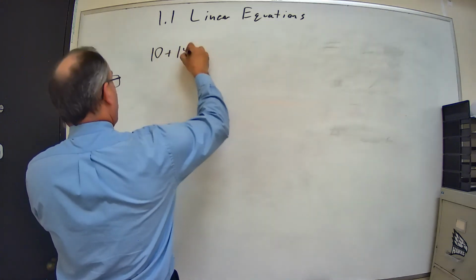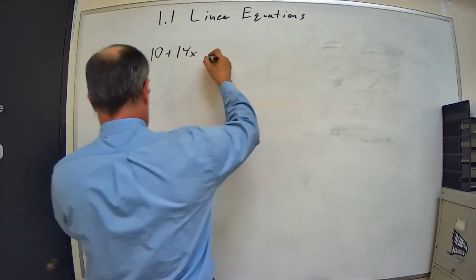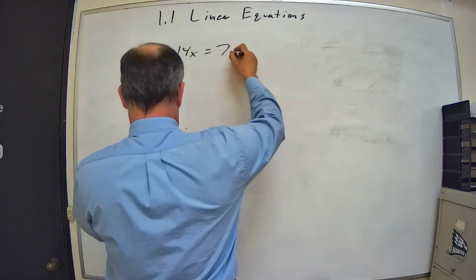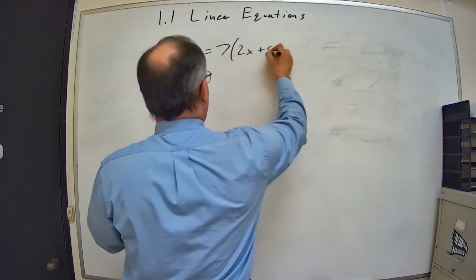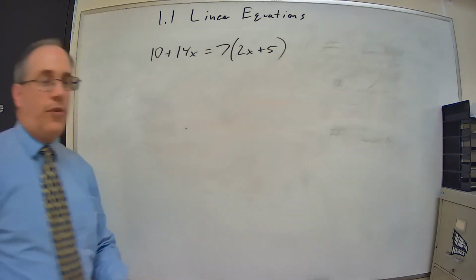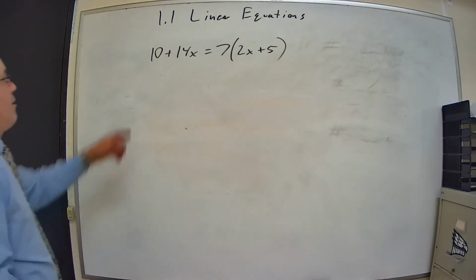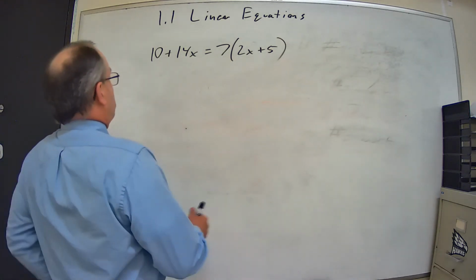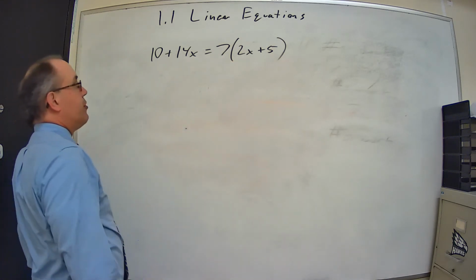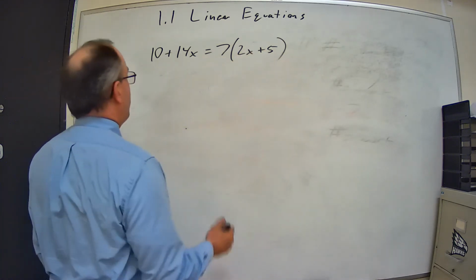10 plus 14x is equal to 7 times 2x plus 5. Okay? So, first thing I would do is I would distribute the 7 through.